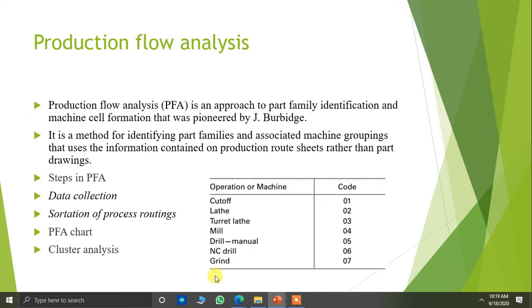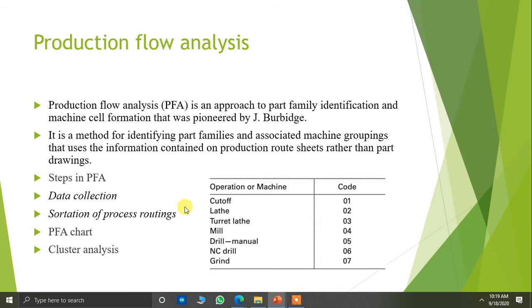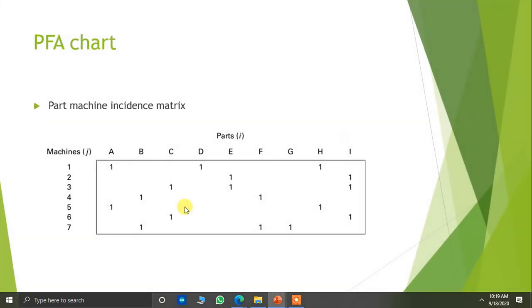You can have a look at how the production flow analysis tabulation would look. Here the machine or operation will have a code: cutting off using 1, lathe using 2, turret lathe using 3. So each machine will be given a code rather than a process. In the PFA chart you have multiple things, right?